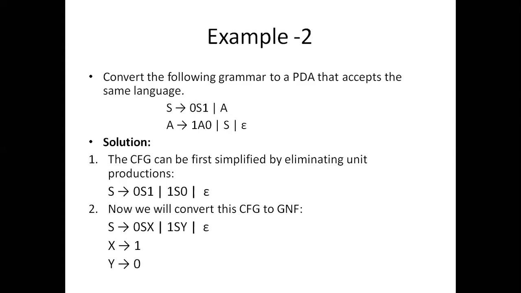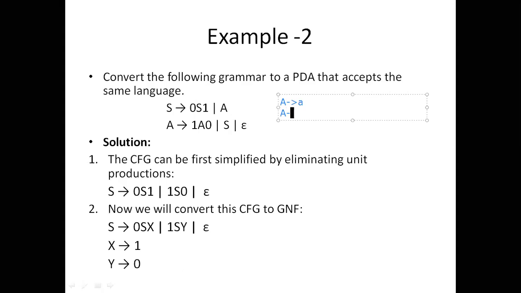One is Chomsky normal form and another one was Greibach normal form. So what is Greibach normal form? In your Greibach normal form, all your production rules should be of this form, wherein a non-terminal produces a terminal, or a non-terminal produces a terminal followed by one or more non-terminals.